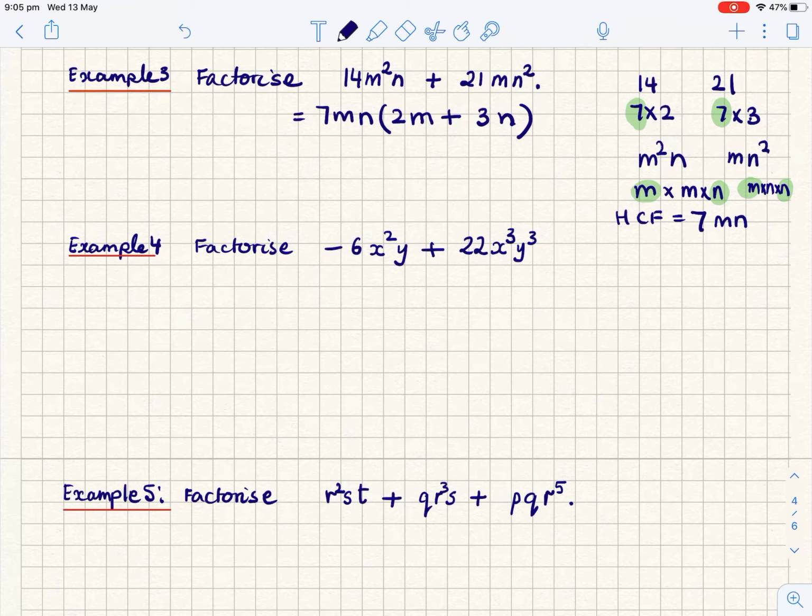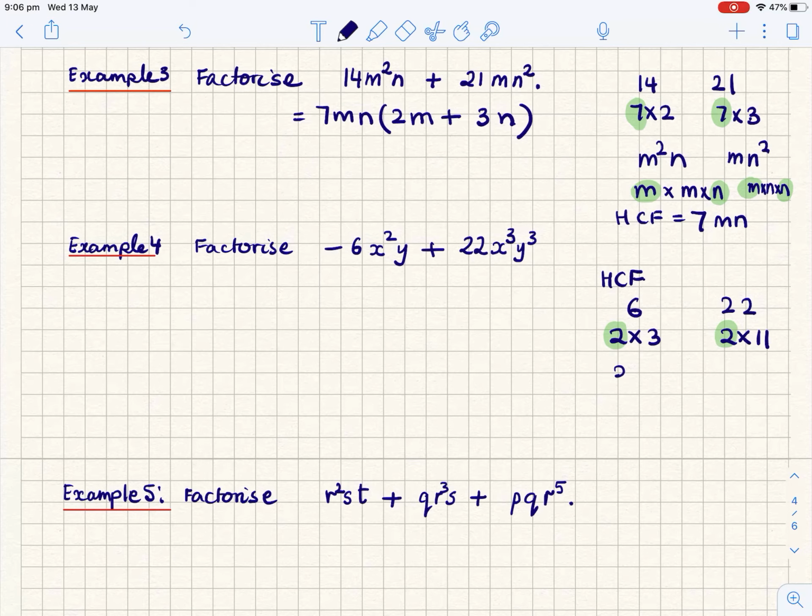Example 4. Now look at highest common factor of 6 and 22. So that's 2 times 3 and that's 2 times 11. So highest common factor in terms of number is 2.